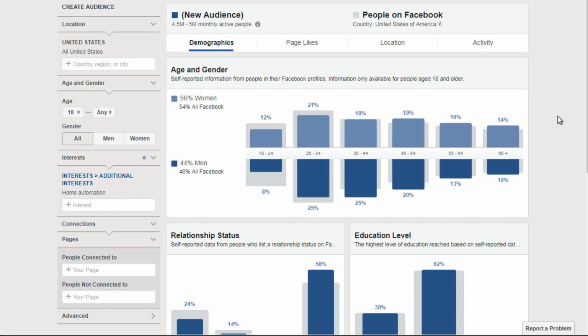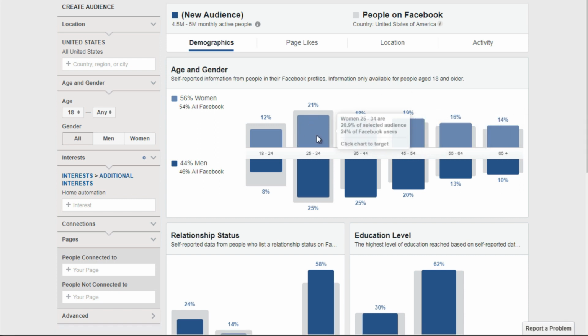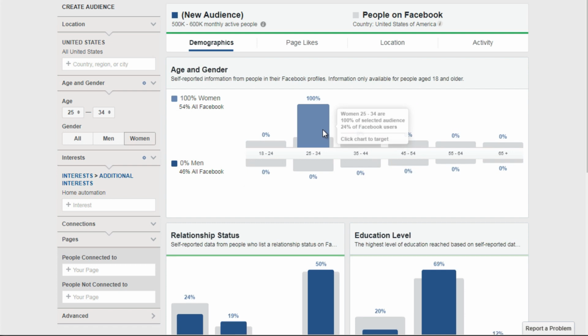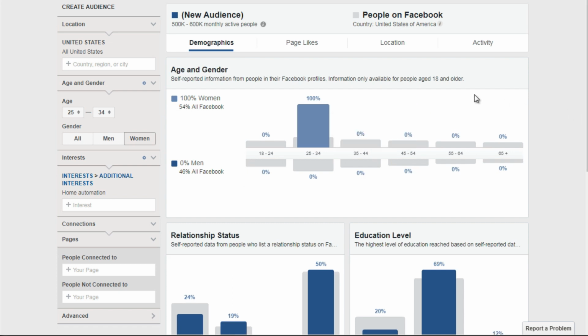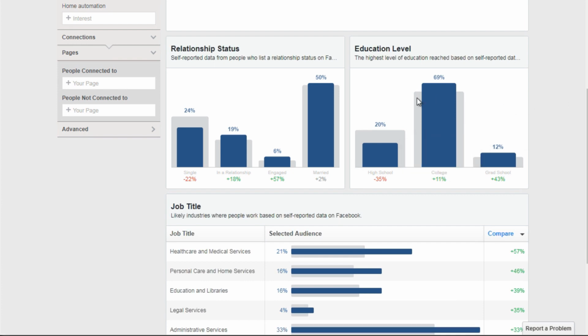So what's nice about Facebook Audience Insights is if you click on one of these, so we'll click on 25 to 34, and this is merely focusing on the women, so 500 to 600,000 monthly active people. We can scroll down and we can see that most of them are married. A lot of them are single, but most of them are married. A lot of them have college degrees.